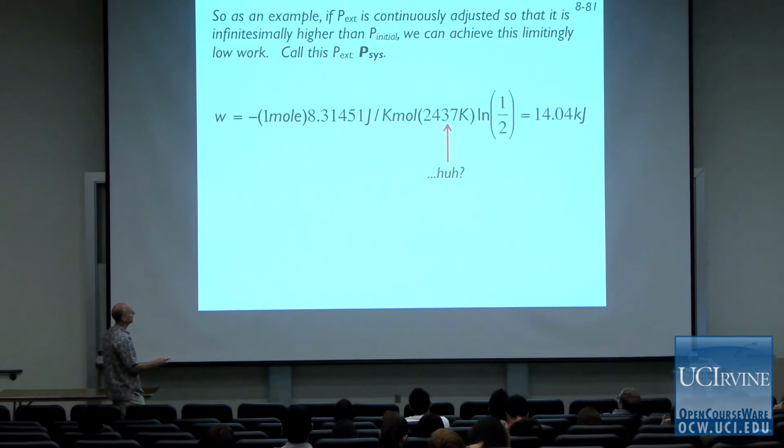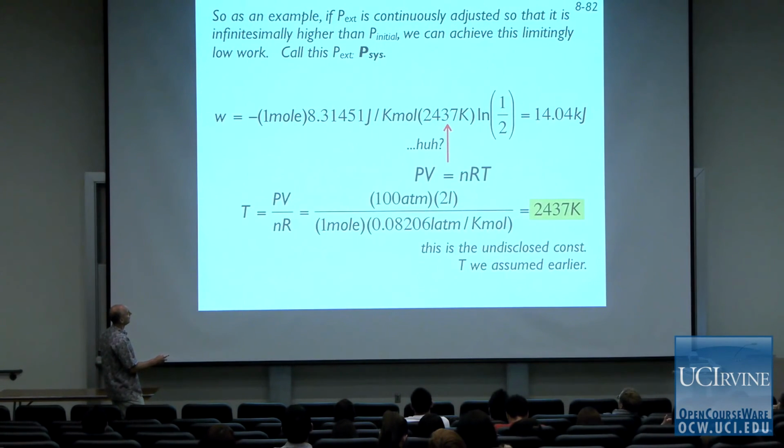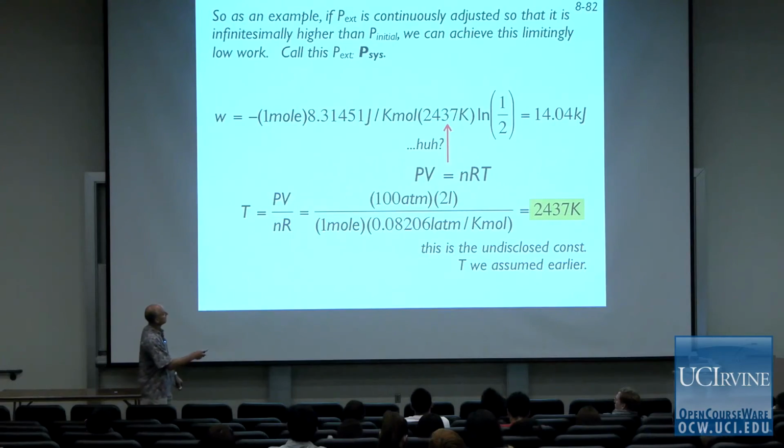Where did that come from? Well, by golly, that's the temperature. I never told it to you, but if I plug in all of these constants using the ideal gas equation, that's the temperature I get. We haven't said anything about what the temperature was here, but it's pretty warm. It's 2,437 degrees Kelvin.